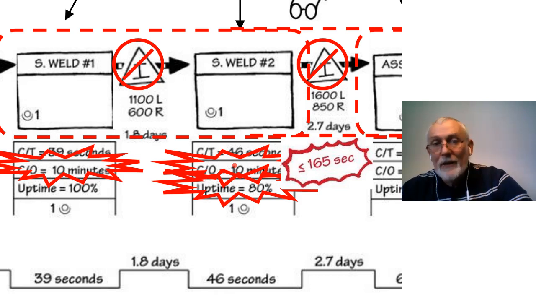So here now we have reliability and uptime that has to be fixed on one welder. We have a setup production program that's required on both of the welders. And also, by the way, we need to get the cycle time down from 187 seconds to 165. Now, that's not as difficult as it might seem, at least the cycle time piece of it.